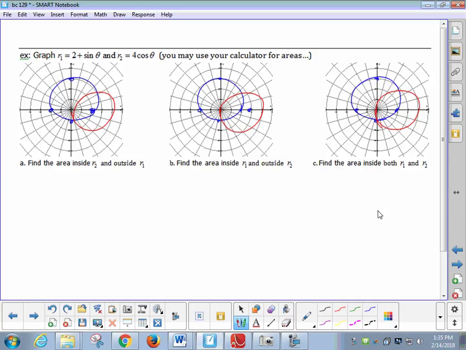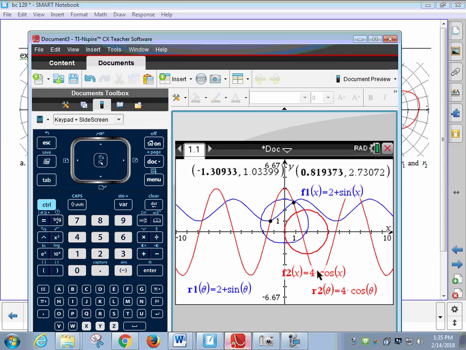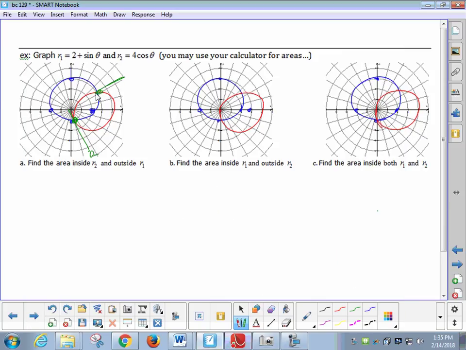Imagine we know this angle and this angle. This is A for me, and this is B. If I said area inside r2, the red circle, but outside the limacon, that would be in this region.